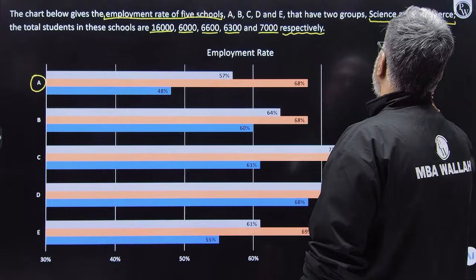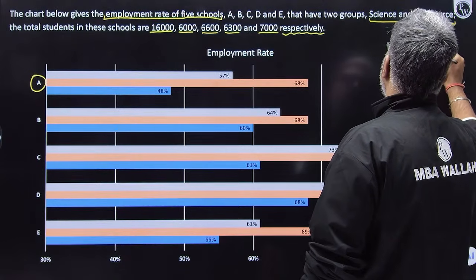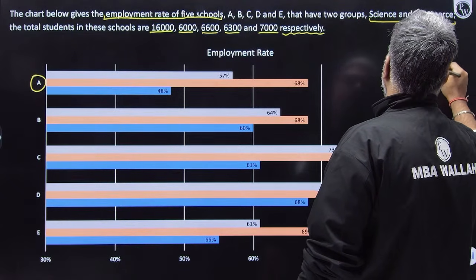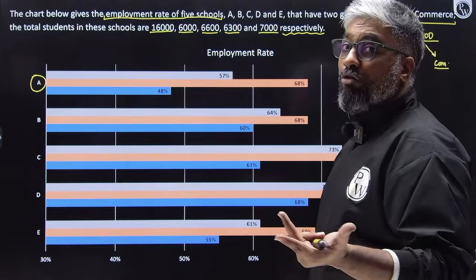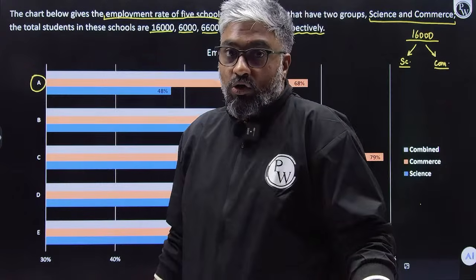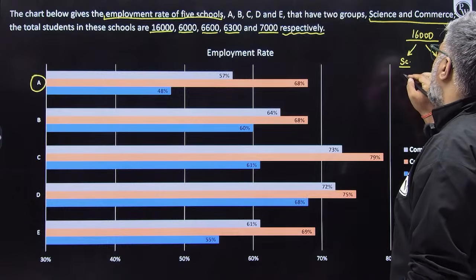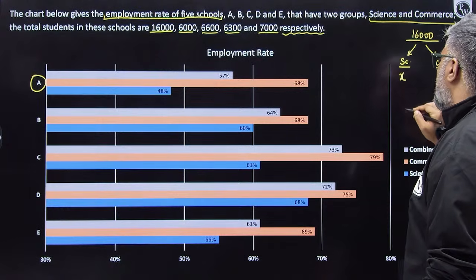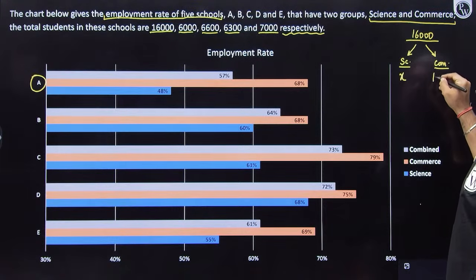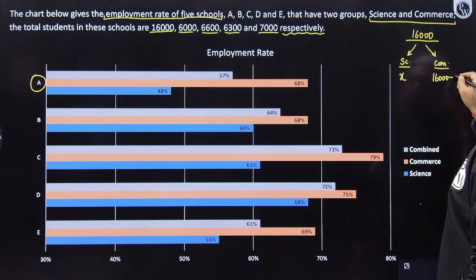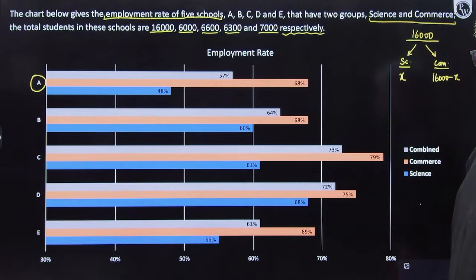Some of these students are science, some are commerce, and we don't know how many. Let's say if X is science, then the remaining 16,000 minus X are commerce.